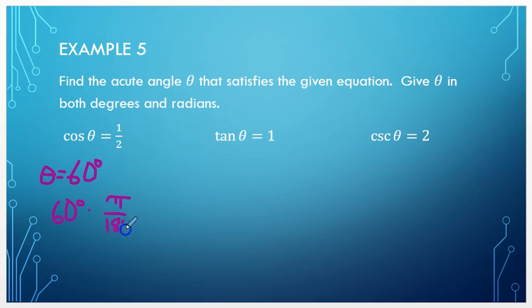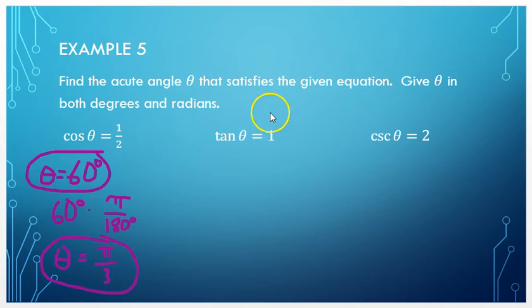And I'm putting the 180 degrees in the bottom for this fraction because that would make the degree symbols cancel. Well, 60 over 180 can be reduced, so the other value for theta in radian form would be equal to pi over 3. So these are both answers to the statement cosine of theta equals 1/2. Either theta equals 60 degrees or theta equals pi over 3.